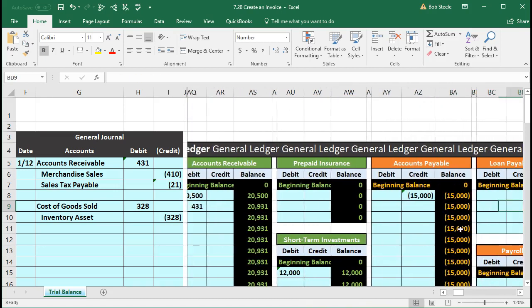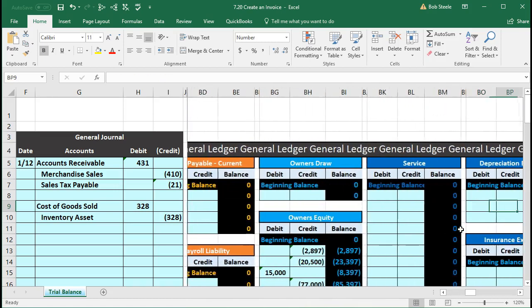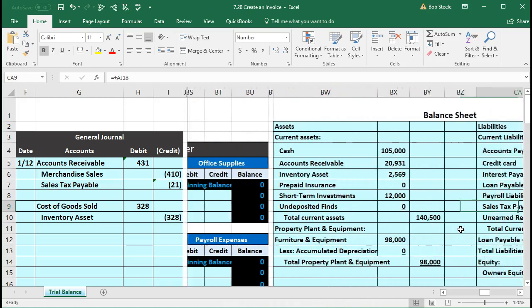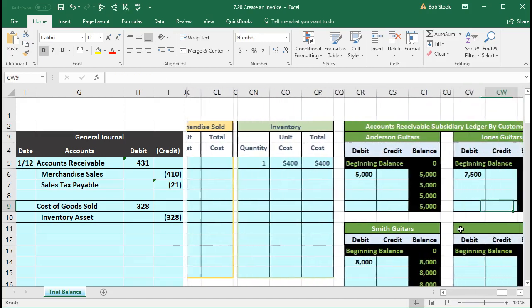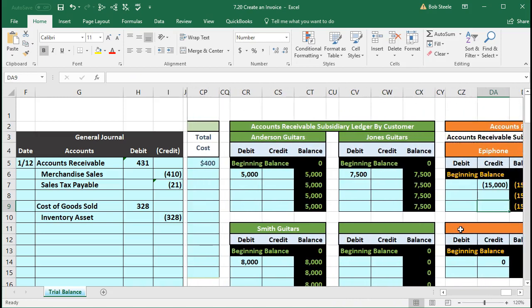We're going all the way to the right. All the way to the right, I'm just going to go to the subsidiary ledger we started in a prior presentation, and here it is. It's way over here in column CR, and we're going to say that Anderson is the one that is purchasing this guitar. So Anderson already owes us $5,000. Now we're in essence just going to increase that same amount.